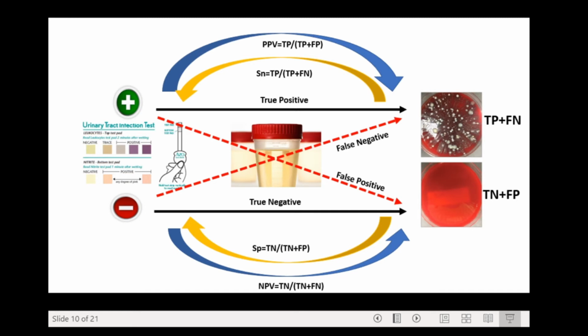One important point to note here is that positive predictive value and negative predictive value will be influenced by the underlying prevalence of disease also. Suppose the underlying prevalence of UTI in infants in a given population is very low, say 0.1%. Then the positive predictive value, that is the percentage of nitrite test positive samples that will yield a positive urine culture, will also be low.